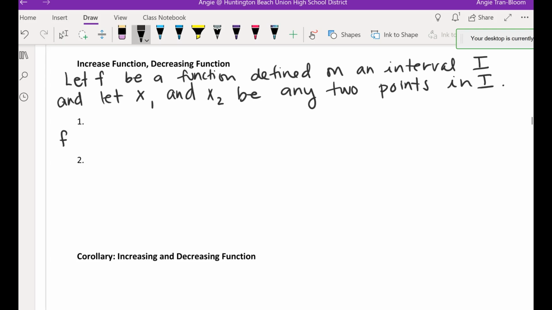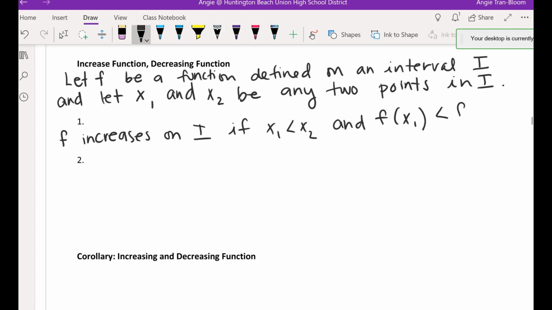f increases on the interval I if x1 is less than x2 and f of x1 is less than f of x2. Okay, so that's increasing. So what do I mean by this? Let's sketch, because I'm a visual learner. Okay, x1, x2.